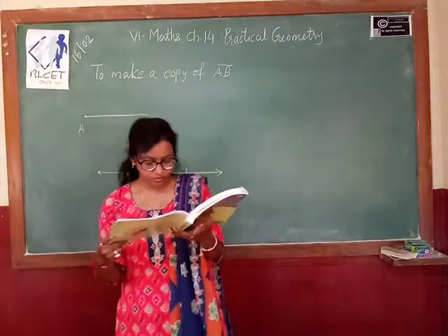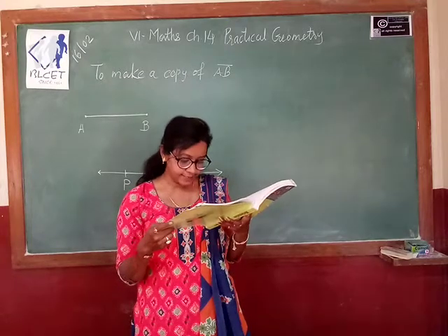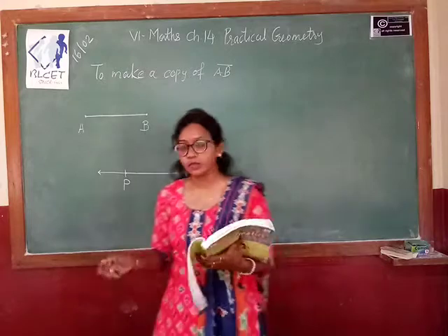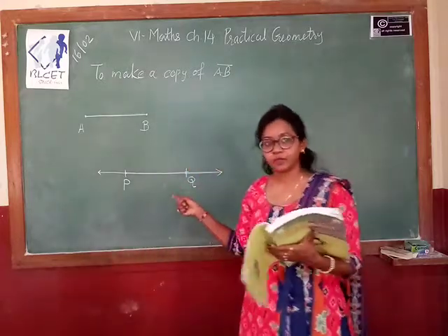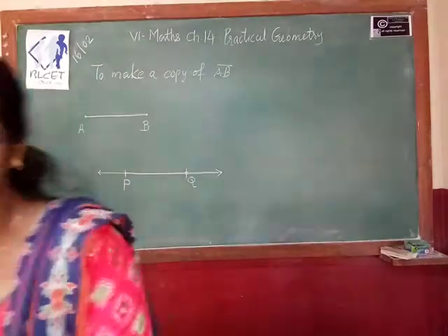Now see exercise 14.3, first question. Draw any line segment PQ. Without measuring PQ, construct a copy of PQ. The same method you can apply. You can draw PQ of any measurement.